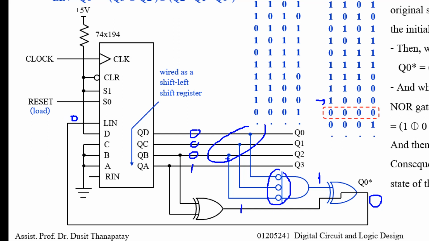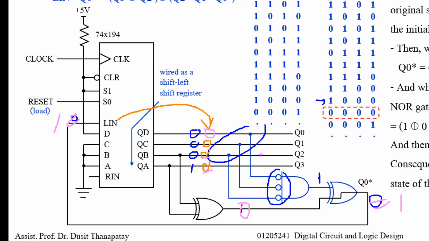When the clock ticks, this 3 bit shifts 1 position and reads data from L-in, which is 0 now, so it becomes 0 right here. And now 0, 0, so the output of the inverter is 0. And this is 0, 0, 0, so this output will still be 1. 1 XOR 0 becomes 1.